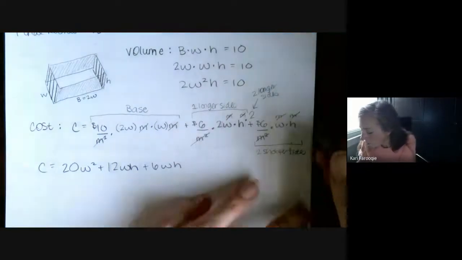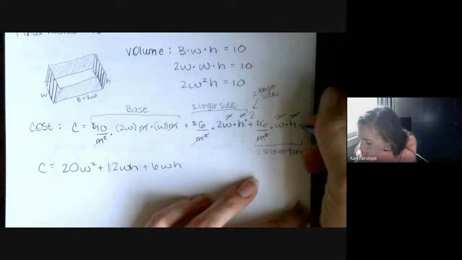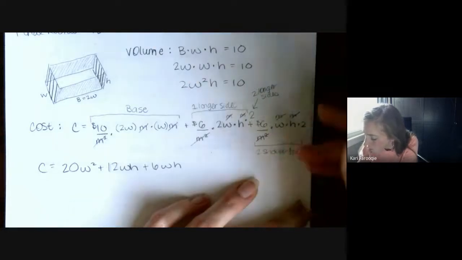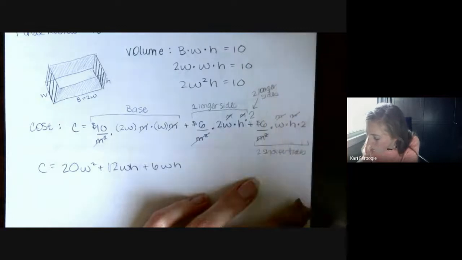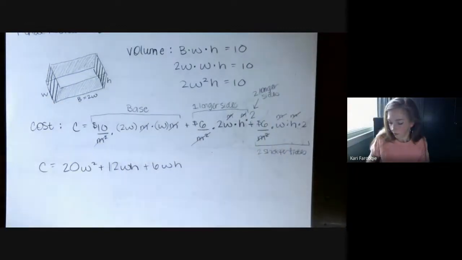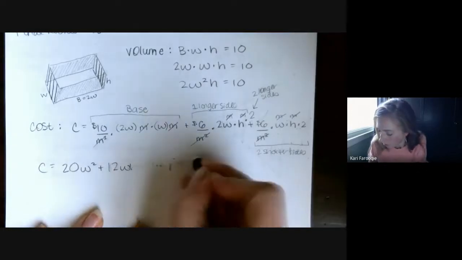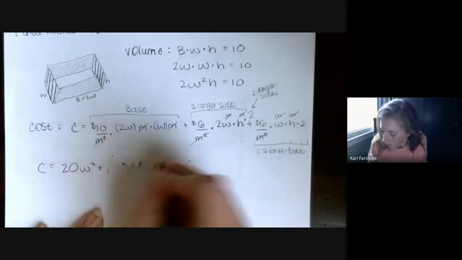And then this one, again, needs to get multiplied by 2 because this was technically only 1. I'll leave that there, and that gives you the 2 shorter sides. The worst part is those 2's were actually there, and then when I erased it, they got lost.